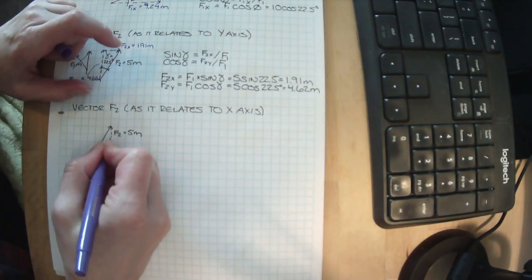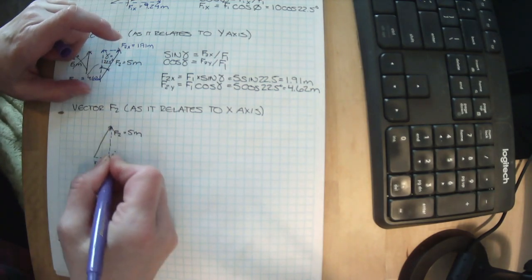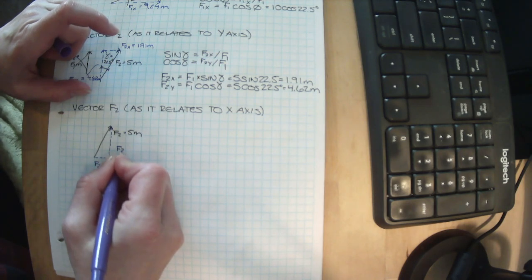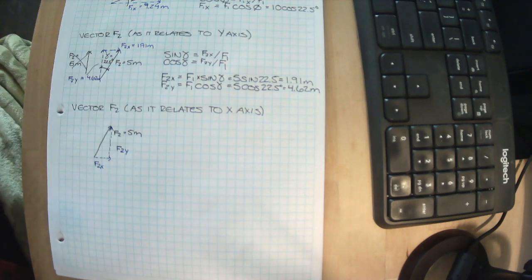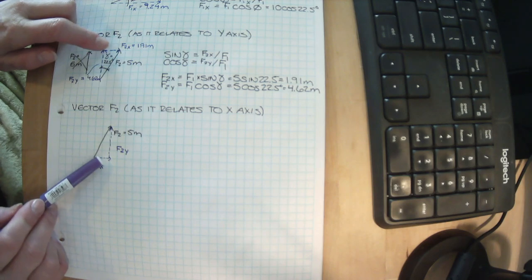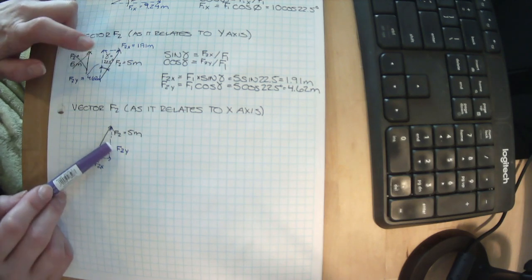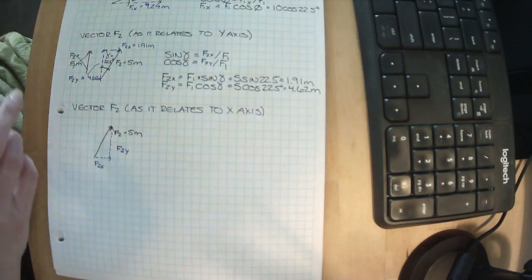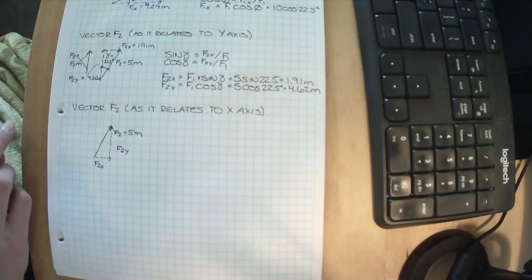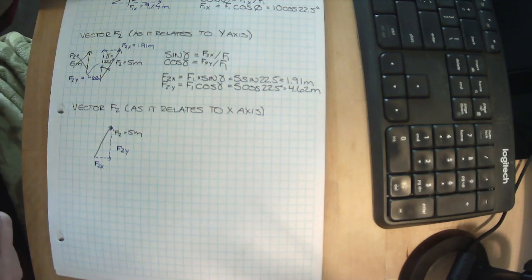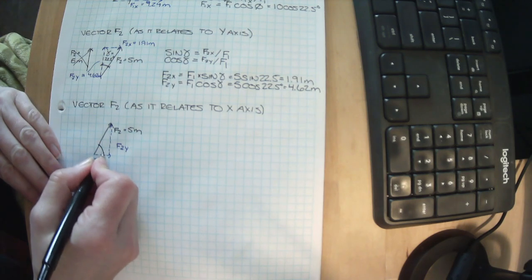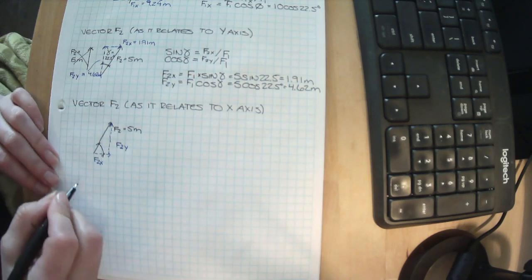And I'm going to draw F2y. It's still the same two vectors. That's the same, and that's the same. I've just drawn their tail to tip order slightly different. But here, I need to know what that angle is.